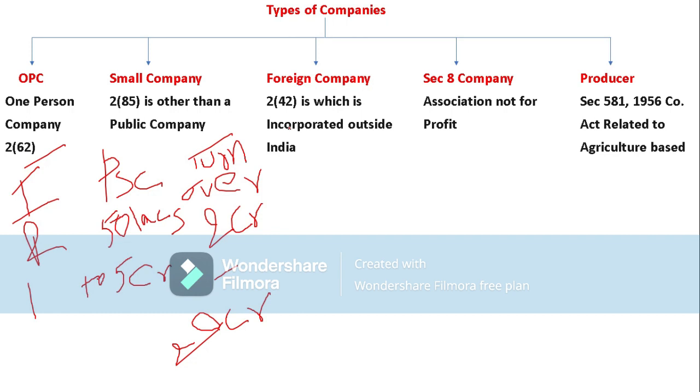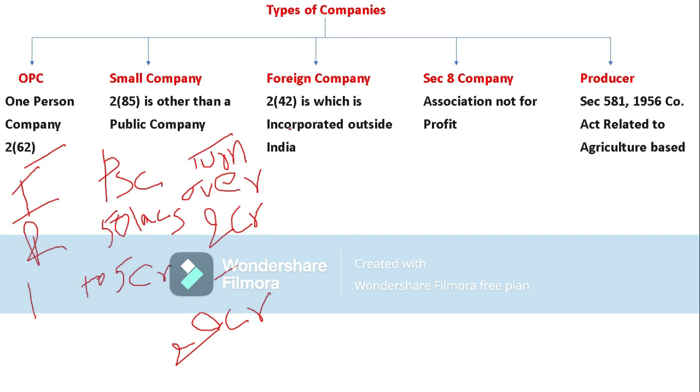Okay. At the same time, if at all any Indian citizen is holding 50% of paid up share capital, or equity share capital or preferential both, being an Indian citizen, okay, then this foreign company will become an Indian company also according to section 9 of Companies Act.